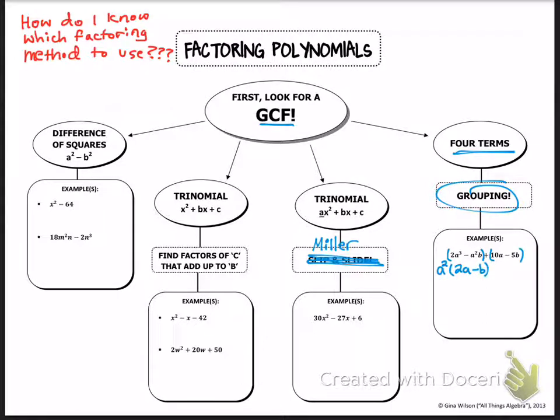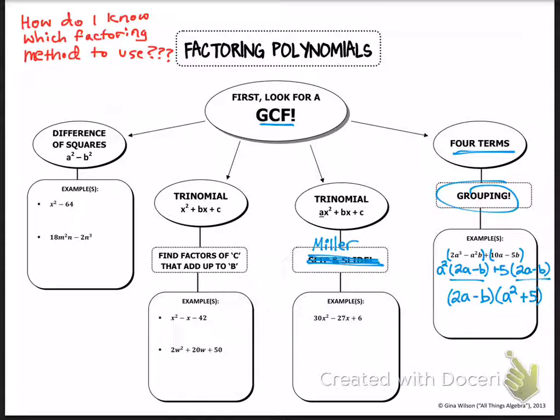In my second small GCF, I have a 5 as a common factor, and so 2a minus b is left over. And so now my big GCF is 2a minus b, and what's left over in my first group is a squared. What's left over in my second group is a plus 5. That's grouping.